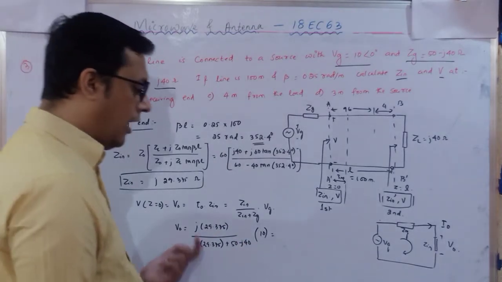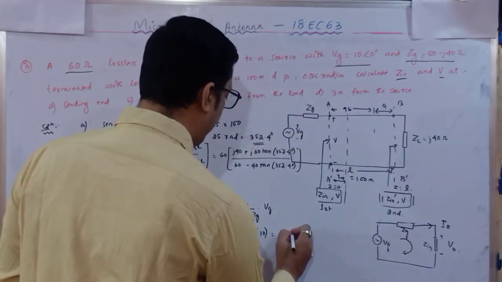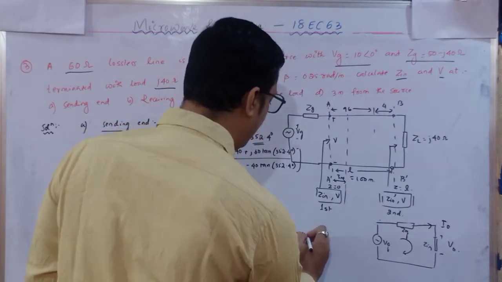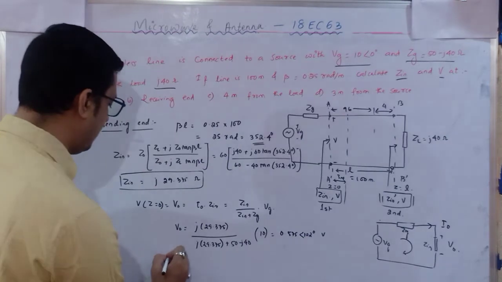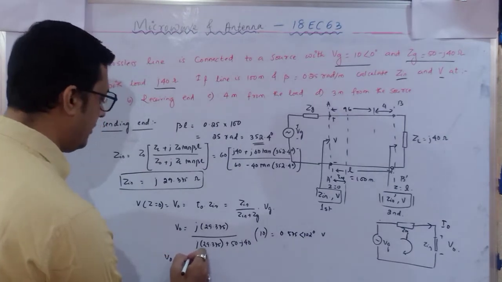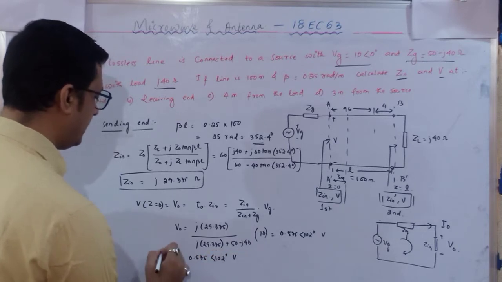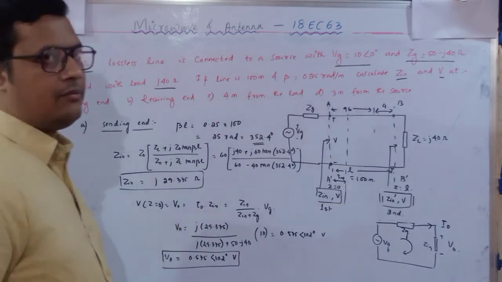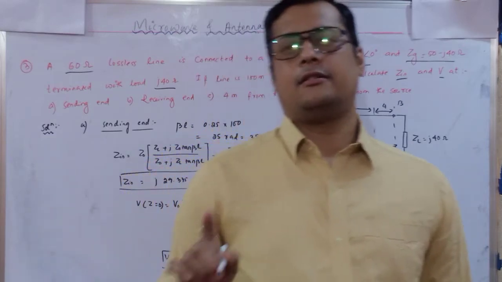When you solve this, you will get V0 around 0.575 angle 102 degree volts. So this is my potential and this is my input impedance, with respect to the sending end.